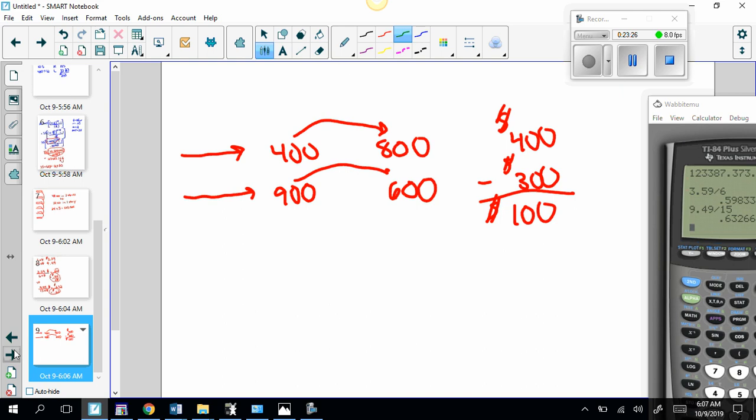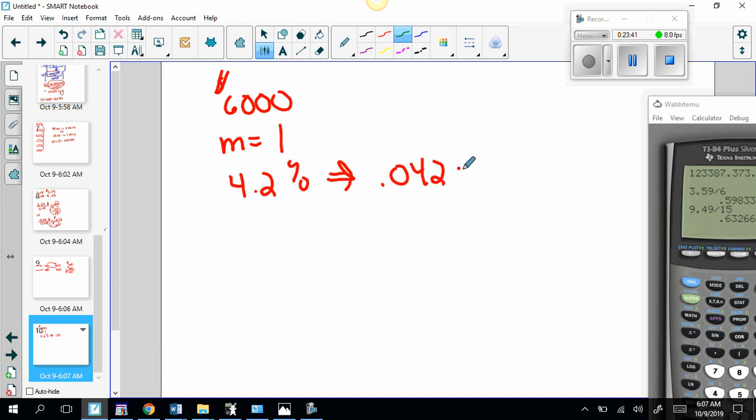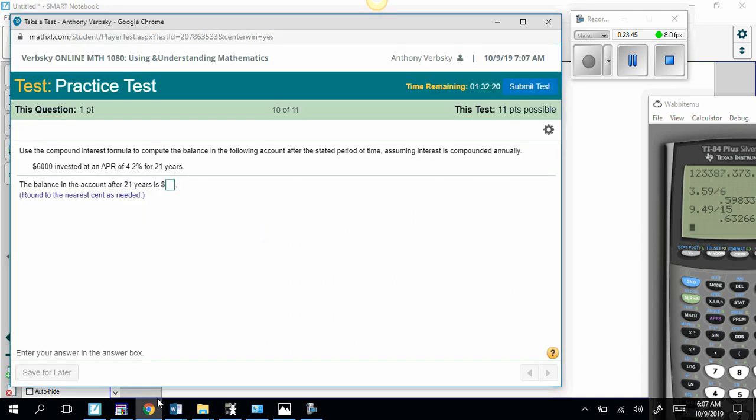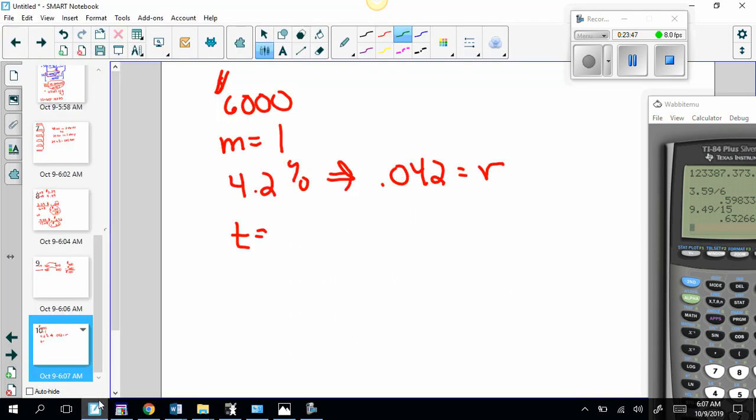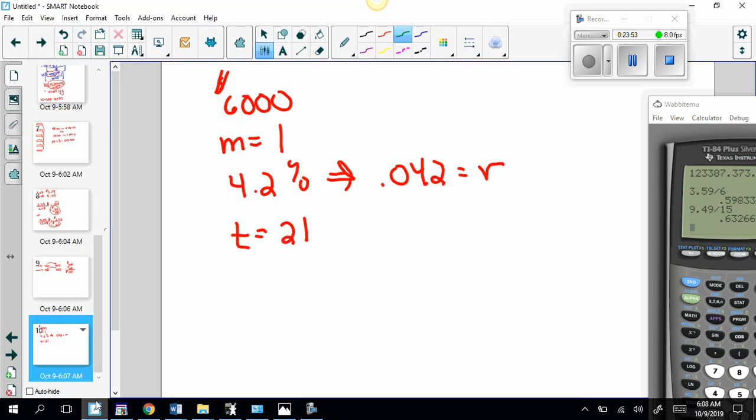Probably not too good. $6,000 annually. M is 1. 4.2% implies 0.042 equals R, time 21 years. Hey, way to go. Actually, 6,000, 4.2, 21. Got this.